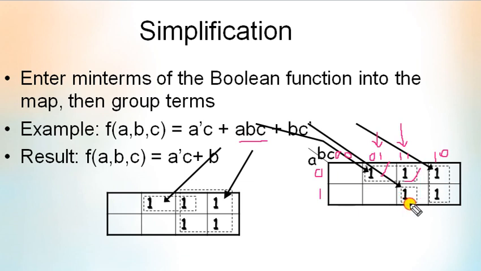So we put one here for the term ABC, right? Next one is BC dash. So here there is no value for A. So we can choose either 0 or 1.